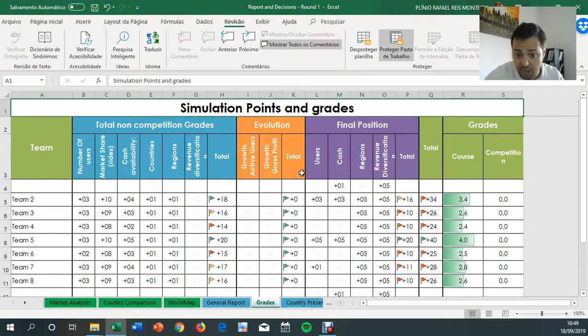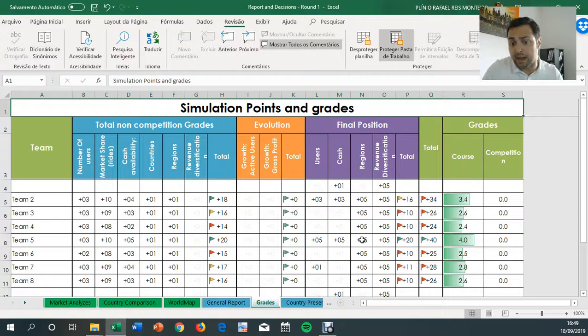non-competition grade. The evolution means that each round you receive grades depending on the growth of active users and the growth in gross profit. So even if you're not so well in the first round, don't worry, you can win a lot of money making better decisions in the next rounds. And the final position, this could change everywhere.